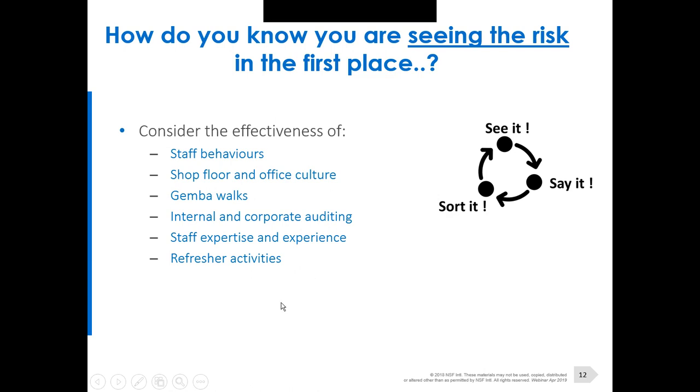It's all about developing expertise and experience that actually can see the risk in the first place and then keeping it refreshed. It's so important for us, particularly those of us who are in a position for some time, that we do everything we possibly can to fight organizational myopia. You lose that 20/20 vision very quickly if you don't do something to refresh it routinely.